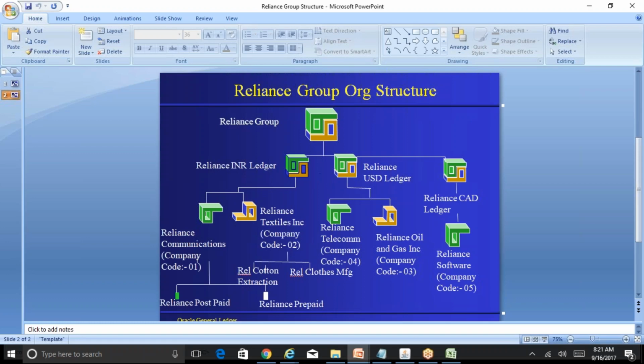But currently, in the current version of Oracle, it will allow you to enter intercompany journals between the balancing segments of the legal entity, that is 01 and 02, or between the balancing segments of 01 and 03 is also possible. But it should be from the subledger. But if you're talking only from the INR general ledger, in this scenario 01 is assigned at the legal entity level and 03 is assigned at the ledger level.